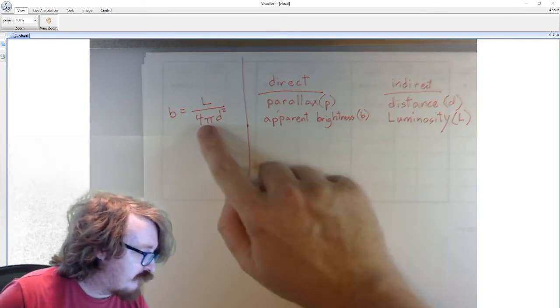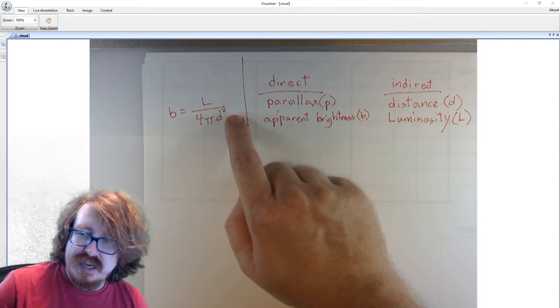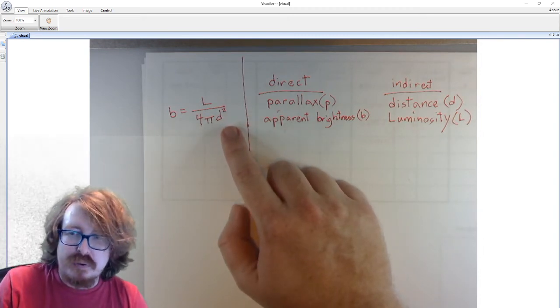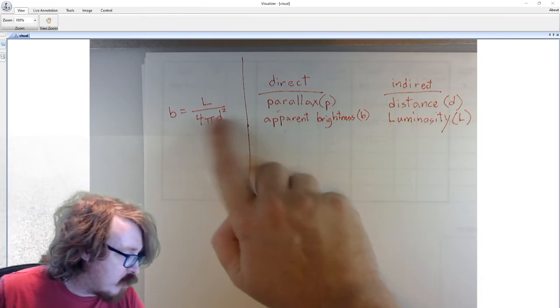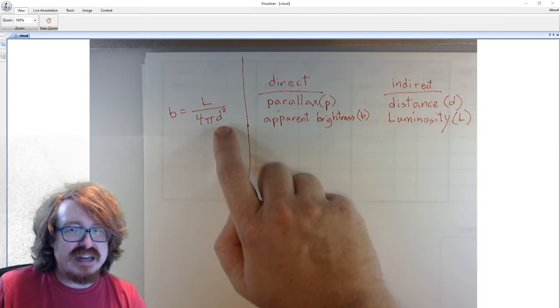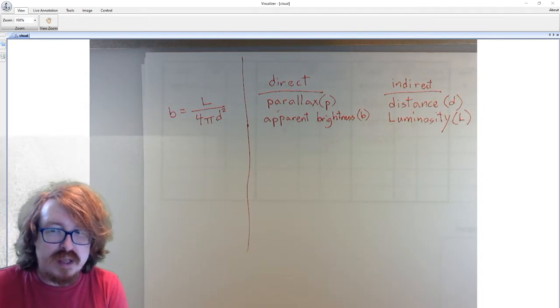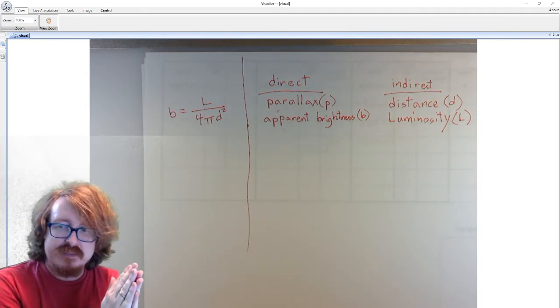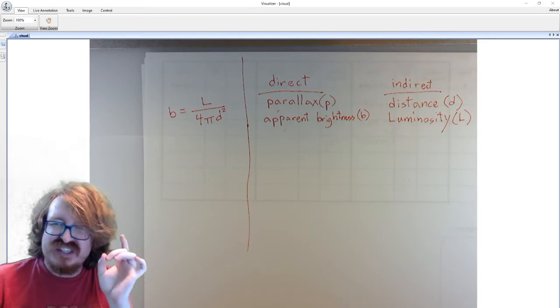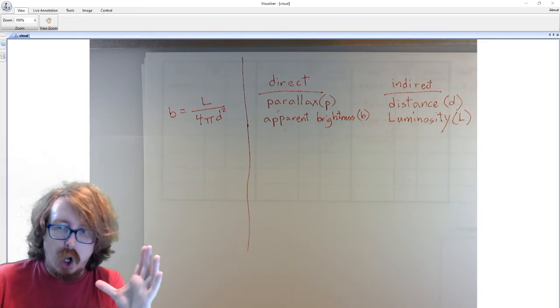Now, what is this 4 pi d squared here? Geometry is not a prereq for this class, but does anybody know what this bottom formula is for? 4 pi, let me say it in a different way. Have you ever seen the formula 4 pi r squared? That is the formula for the surface of a ball, okay?